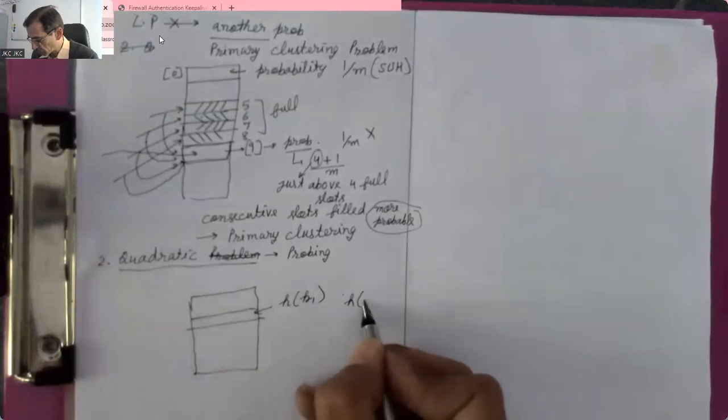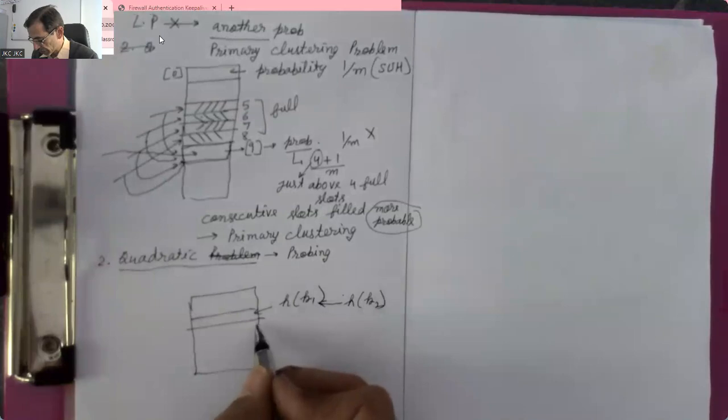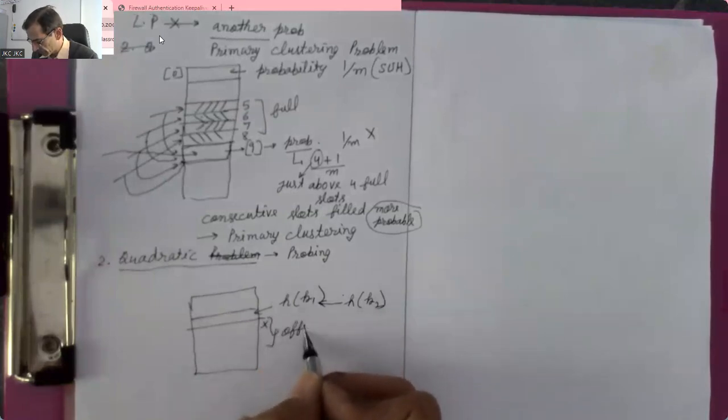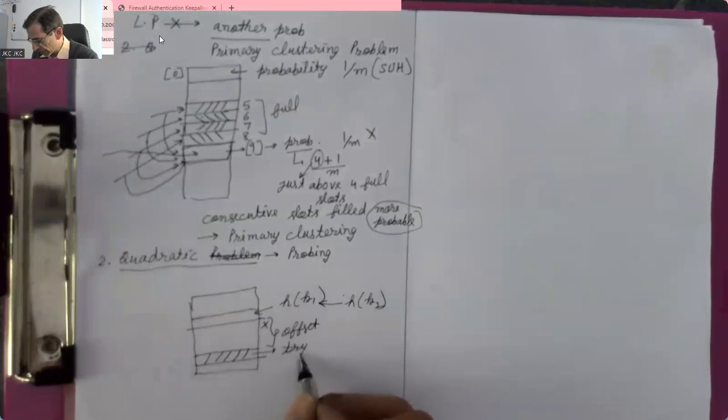If h of k2 also comes here, don't store at the next place. Give some offset and try to store somewhere here, so that primary clustering doesn't happen.